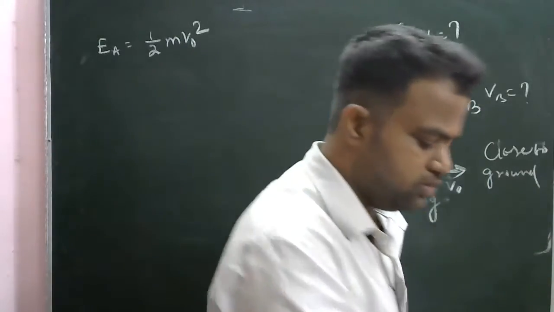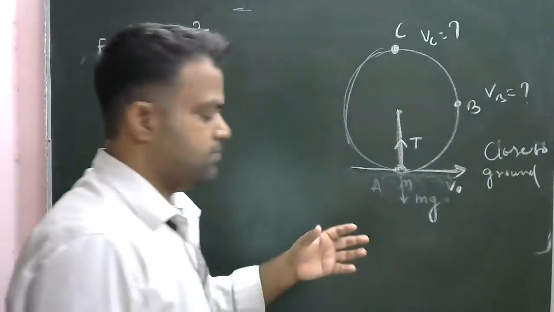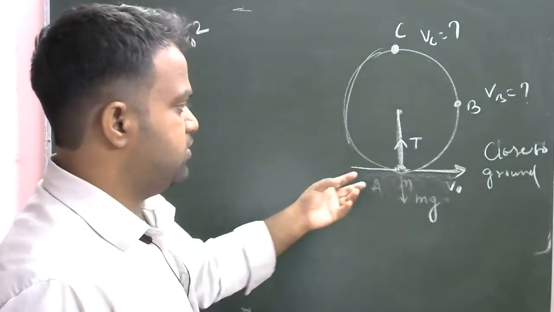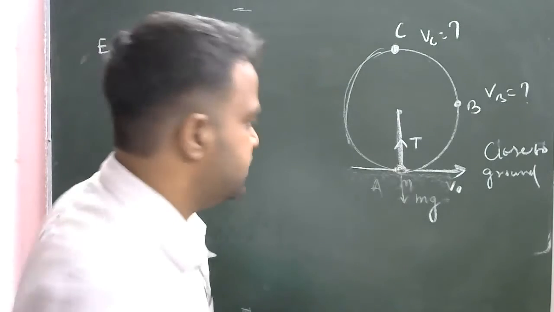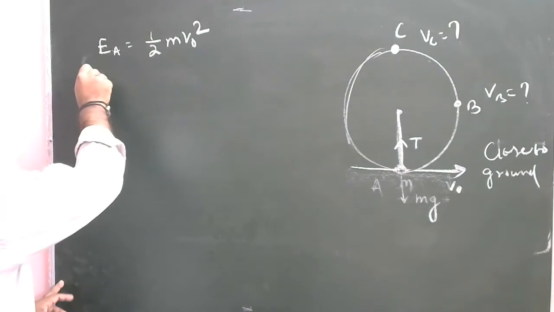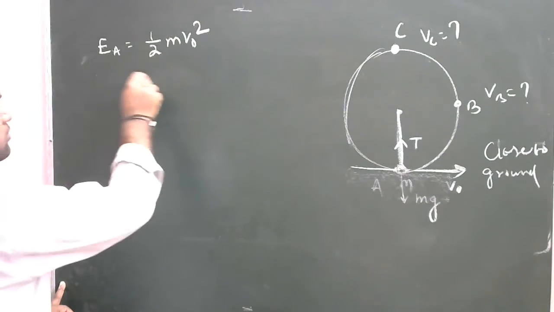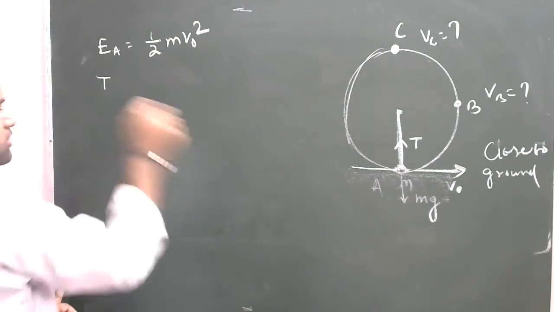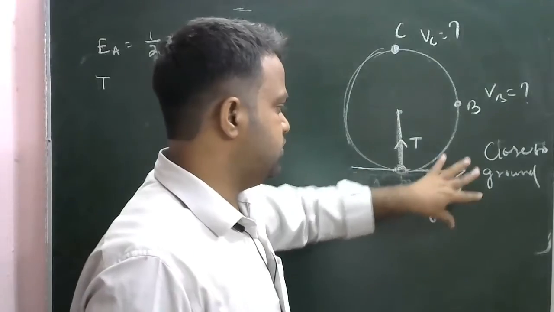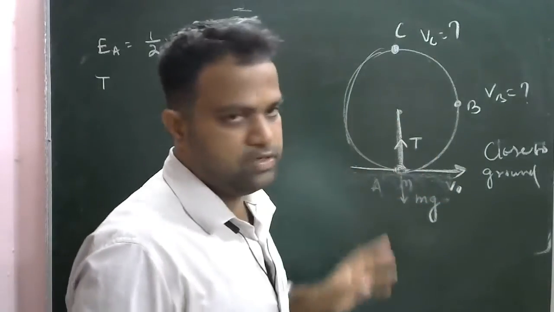So from Newton's second law, when the object starts moving, T minus mg. In the initial position, with no motion, when V0 was not there, T is equal to mg.